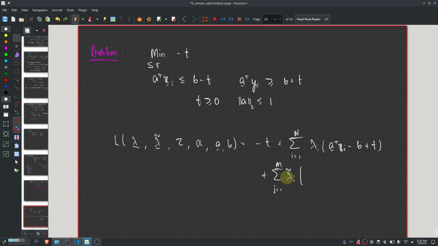Remember, you always have to bring it to the standard form, right? So minus A transpose y_j plus b plus t, plus, correct, tau times minus t, plus alpha times 2 norm of A minus 1.